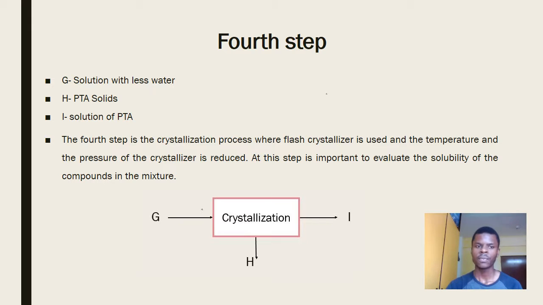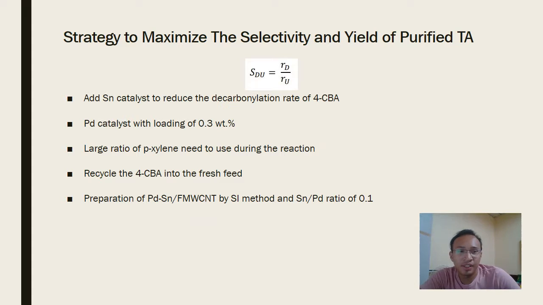So thank you. My name is Syazwan. I'm going to talk about the strategy to maximize the selectivity and yield of purified TA. To maximize the selectivity, we need to reduce the rate of reaction of the undesired product, and we need to increase the rate of reaction of the desired product.